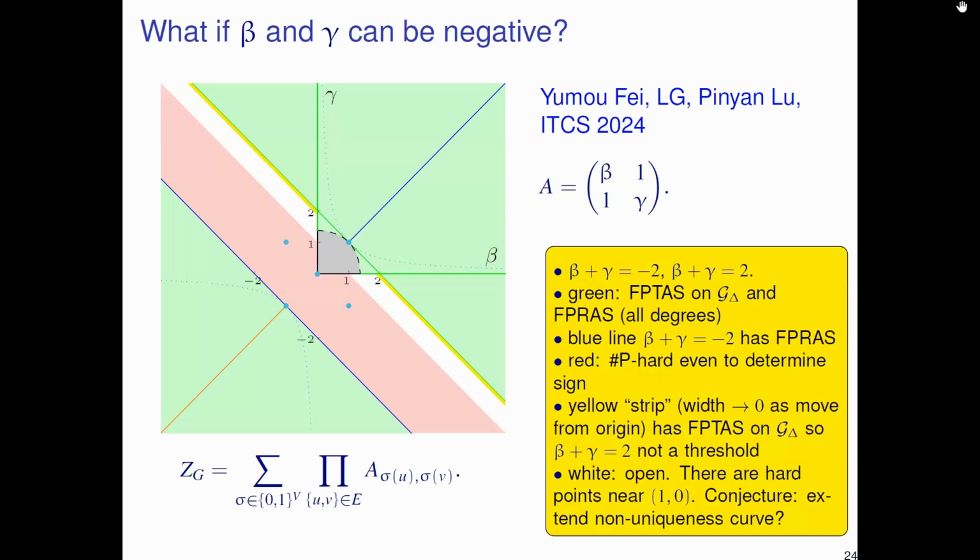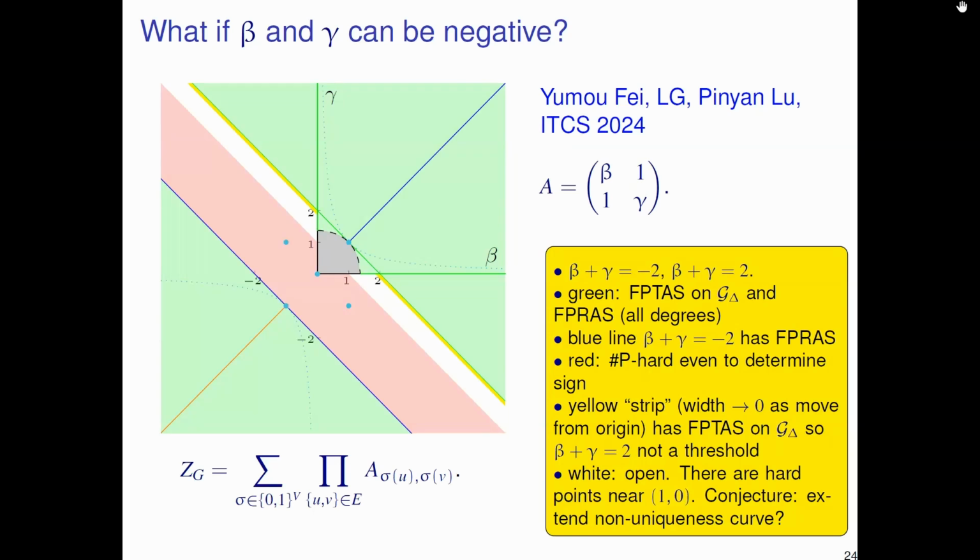So life is as easy as you could want it. This blue line down here is just showing that as you get to that threshold, beta plus gamma equals -2, life is still easy for the FPRAS.